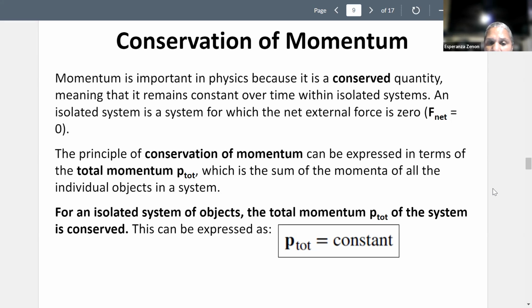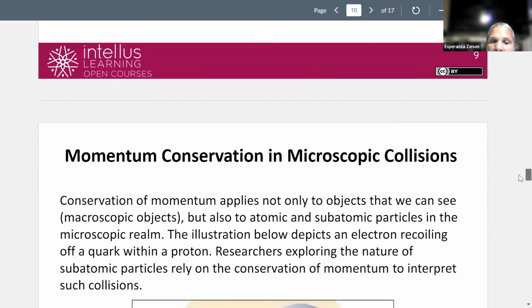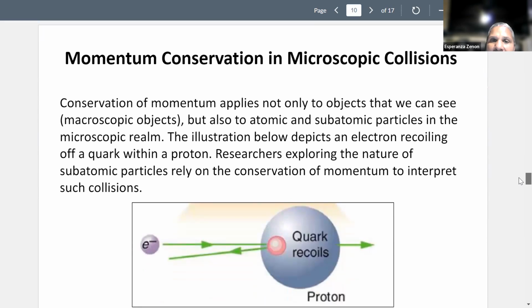If we can do that, the total momentum is constant. That's what you see expressed in the equation. The total momentum is constant, okay? So anytime we look at our system for that group of objects, the total momentum is always the same, okay? Now you may be thinking, when is that useful?